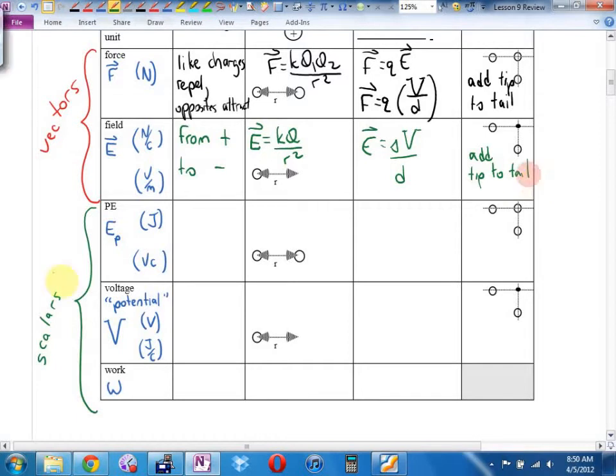Now, for potential energy, voltage, and work, am I going to be trying to figure out the direction? No, they're scalars. But what that means is this. For all of these, we include the positive and the negative signs. We don't include positives and negatives here. In fact, when I gave you the equations, I mentioned some textbooks put absolute values around the charges because we decide the direction.